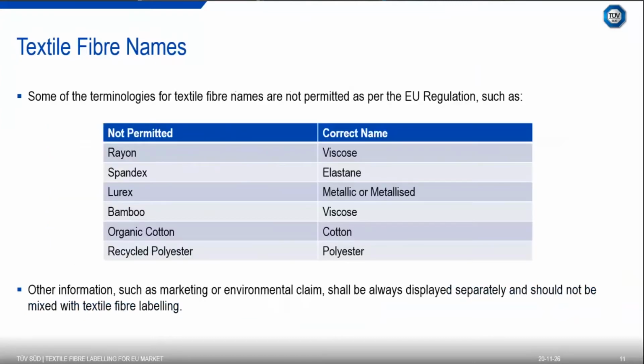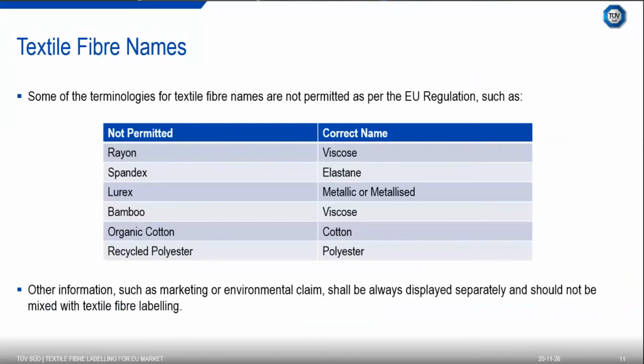But you have to take care that certain terminologies commonly used in the industry, or permitted in some other countries, may not be accepted in the European Union, such as rayon. Rayon is permitted in the United States, but in Europe you have to use viscose.